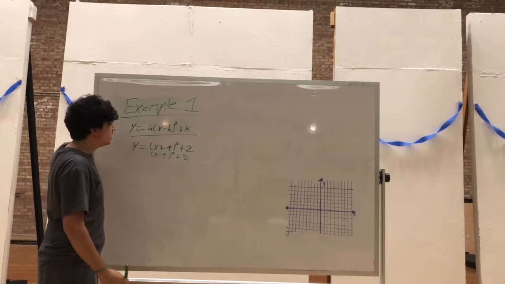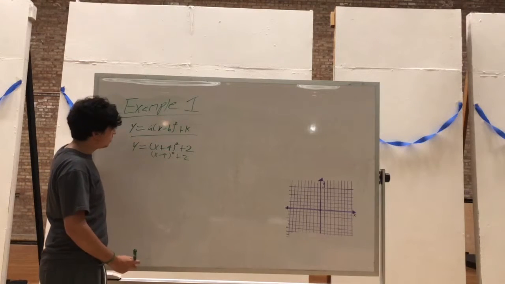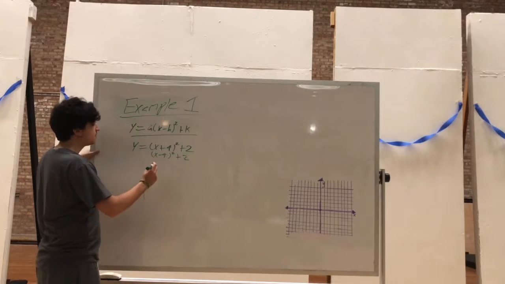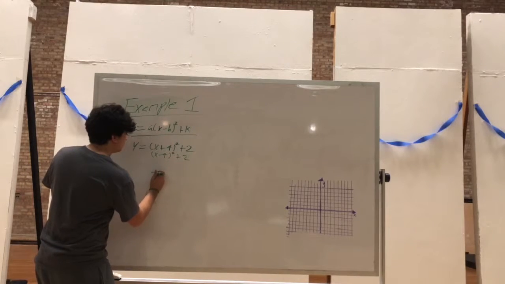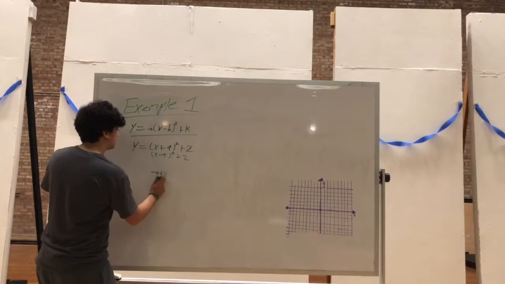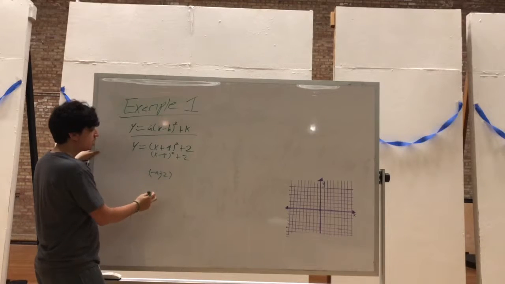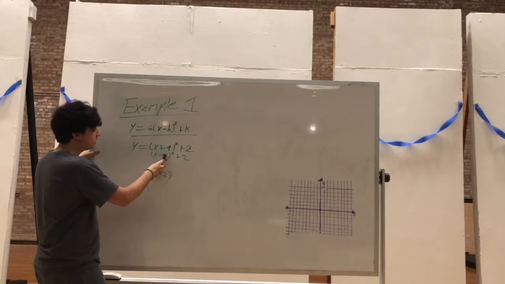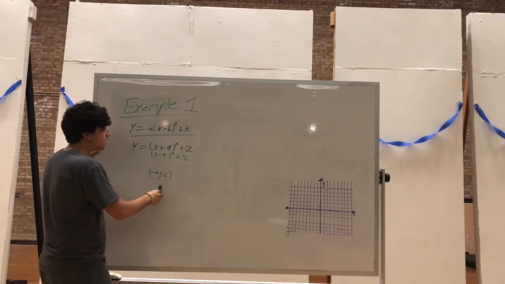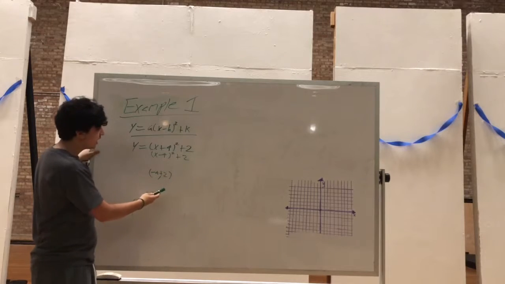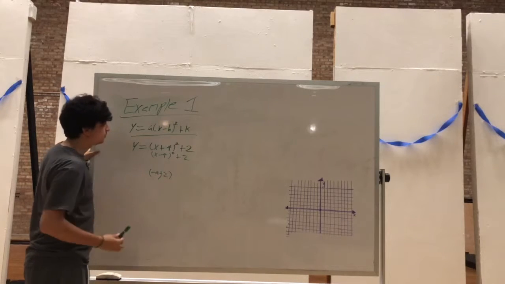So we need to find our vertex. Our vertex would be negative 4 and positive 2. And this is our vertex because h is considered x and our y would be considered k, which in this case is negative 4 and 2.